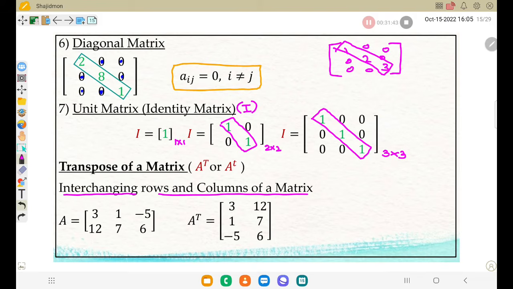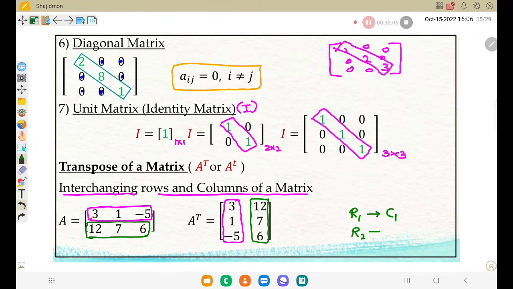Take the first row 3 1 minus 5 and write it as the first column. Take the second row and write it as the second column. First row going to first column, second row going to second column, that is called the transpose of a matrix, or A transpose matrix.